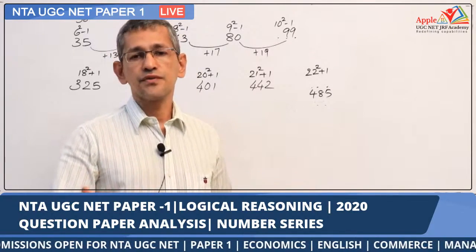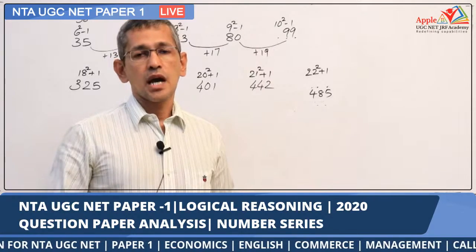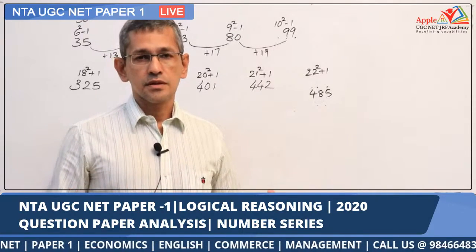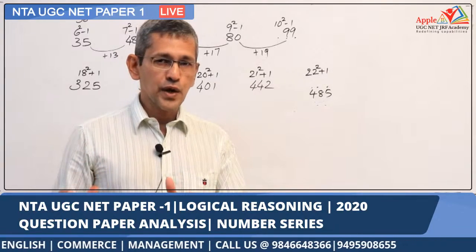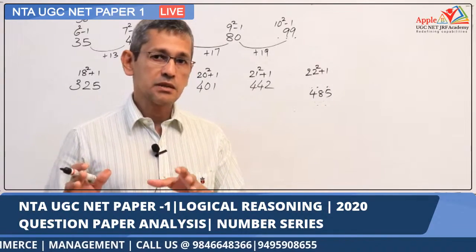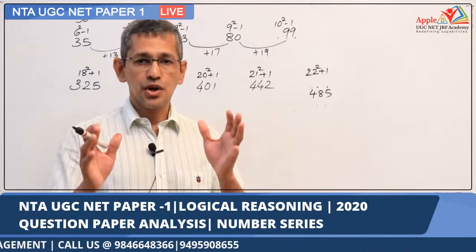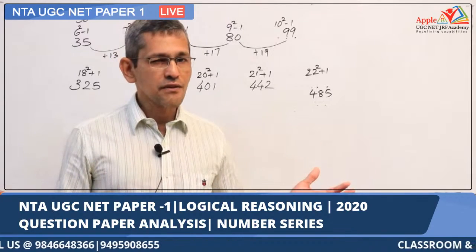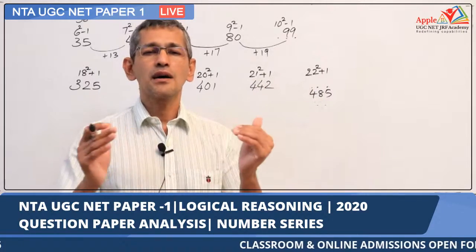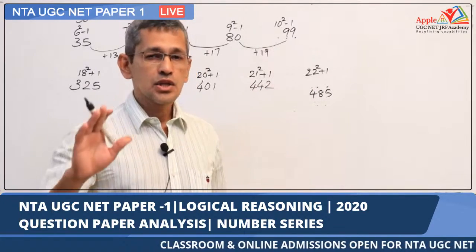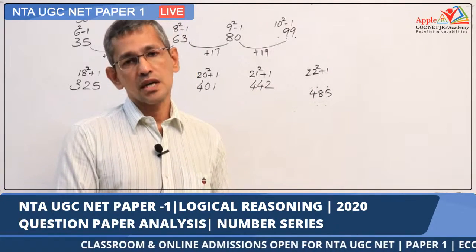Sometimes it's the squares of even numbers. Sometimes it's the squares of prime numbers. You never know what kind of pattern is waiting for you. Probably NTA is keeping a special pattern for you guys once you are ready for the exam. But once you have an idea about the different patterns possible, then you'll be able to deal with any of these kinds of questions.